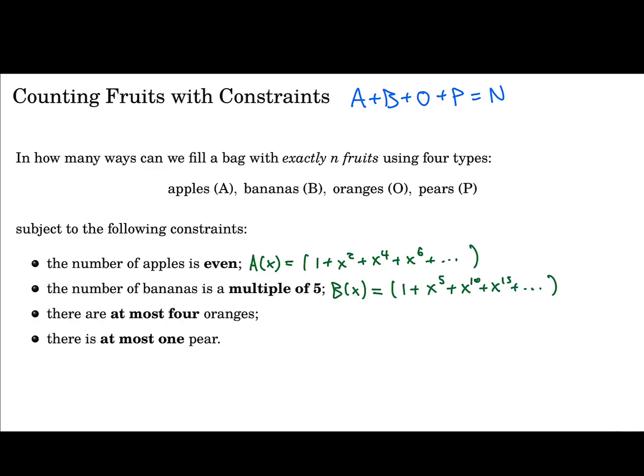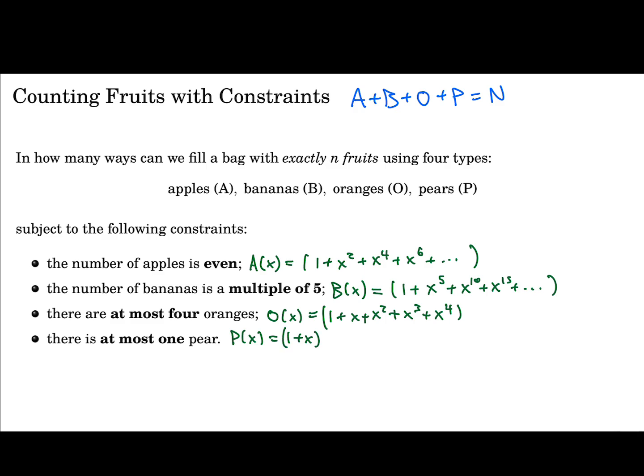If you want there to be at most 4 oranges, that means that the oranges will have this term here, just 1 plus x plus x squared plus x cubed plus x to the power 4. So here we're saying that you can have 0 oranges, 1 orange, 2 oranges, 3 oranges, or 4 oranges. And at most 1 pear would be this p of x equal to 1 plus x here.